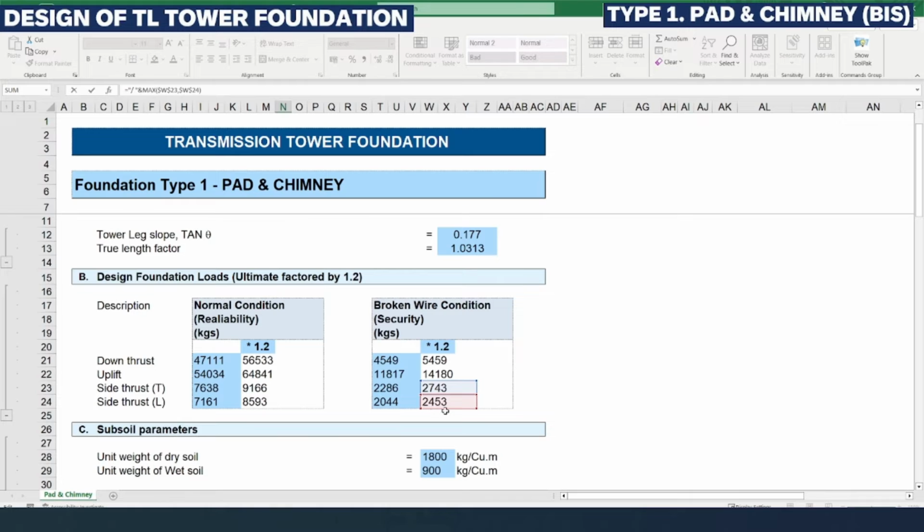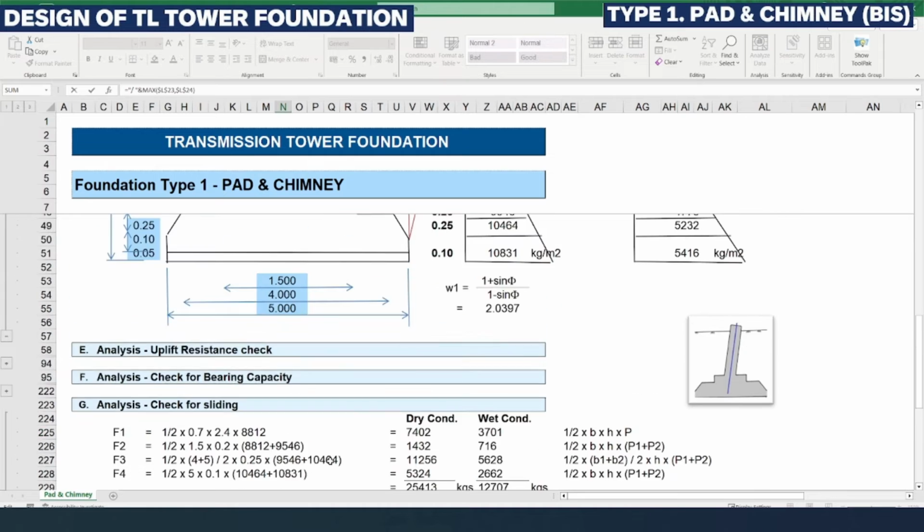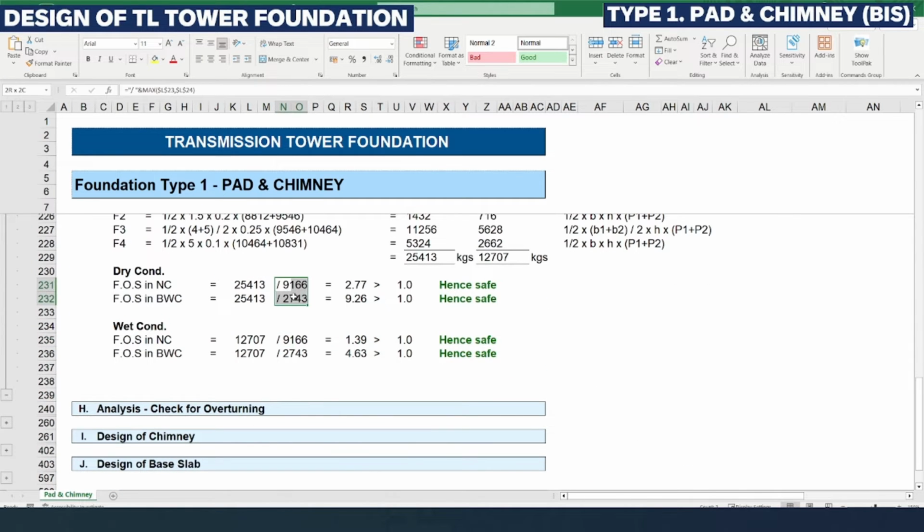2743 and 2453 in transverse and longitudinal side thrust respectively. So the maximum one we are considering, 2743, with which we get the factor as 9.26. This is greater than 1, so it is safe. Similarly for wet condition also we need to check. 12707 is the total passive resistance force, and here 9166 is again the same as the dry condition.